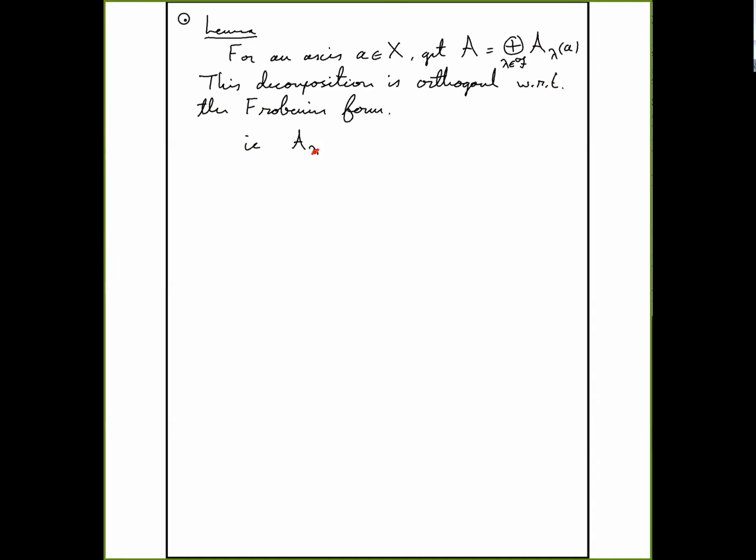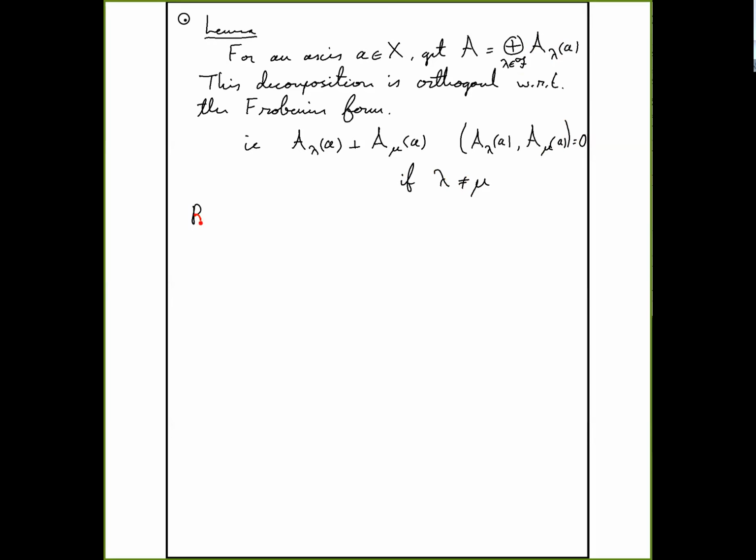I.e., A lambda of A is perpendicular in the form. So actually, okay, I'll write it like that, and then I'll write what it means. So this is going to be A lambda of A, comma, A mu of A is 0 whenever lambda does not equal mu. So different eigenspaces here are orthogonal.